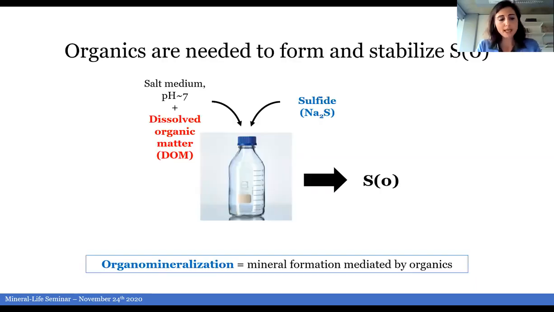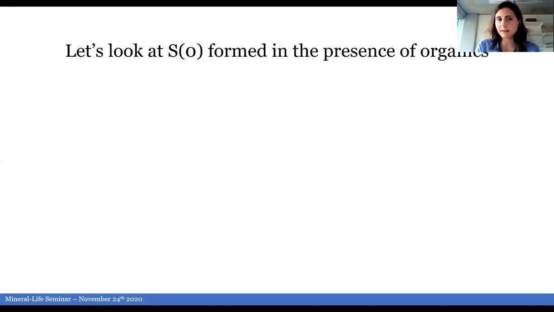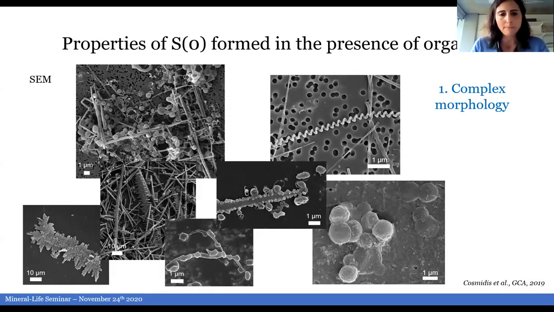So now we can take this elemental sulfur formed in presence of organics and look at them and try to describe this sulfur. What does it look like? So what's very interesting, if you put this organomineralized sulfur under a scanning electron microscope, you're going to observe very interesting morphologies, which are very different from what sulfur formed in the absence of organics would look like.